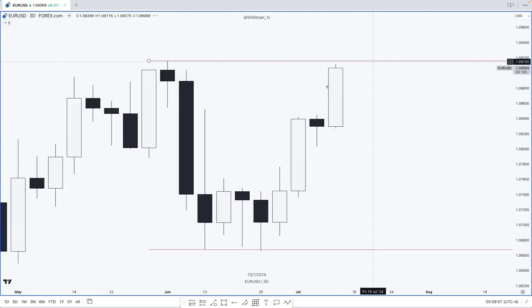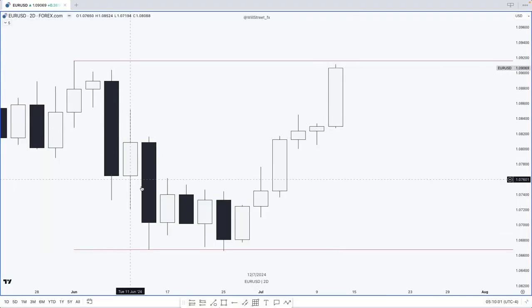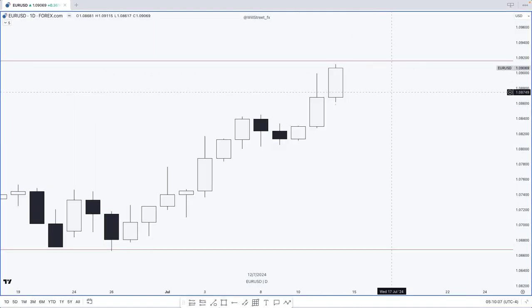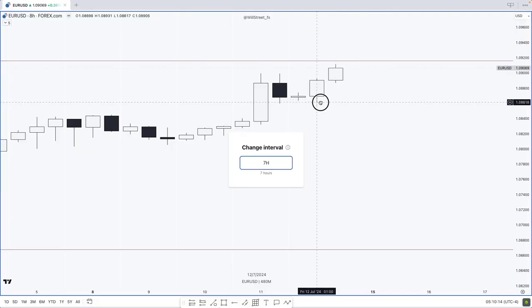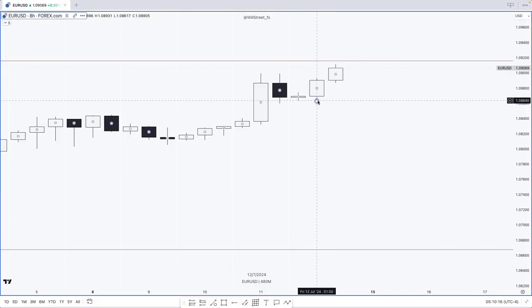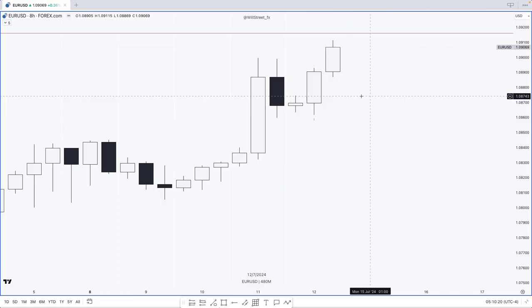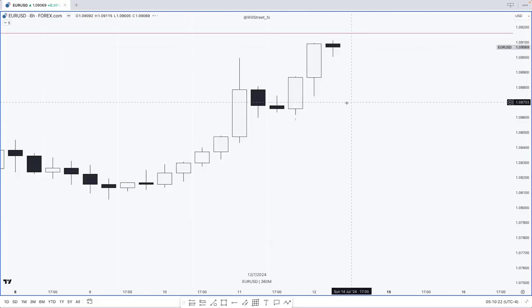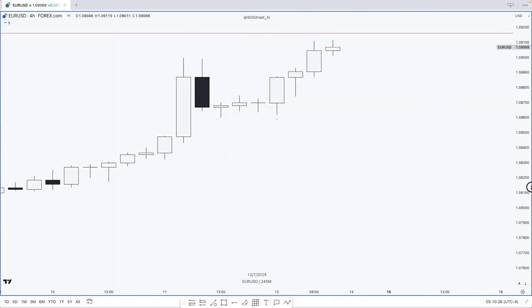Okay, so let's refine. 3 days, we don't see anything, because everything is mitigated here. Okay, nothing here, 1 day, nothing, 12 hours, nothing, 8, well, actually, yes, look at this. Because this is a very small range, we are going to 6 hours, and nothing, 4 hours, and look at this.